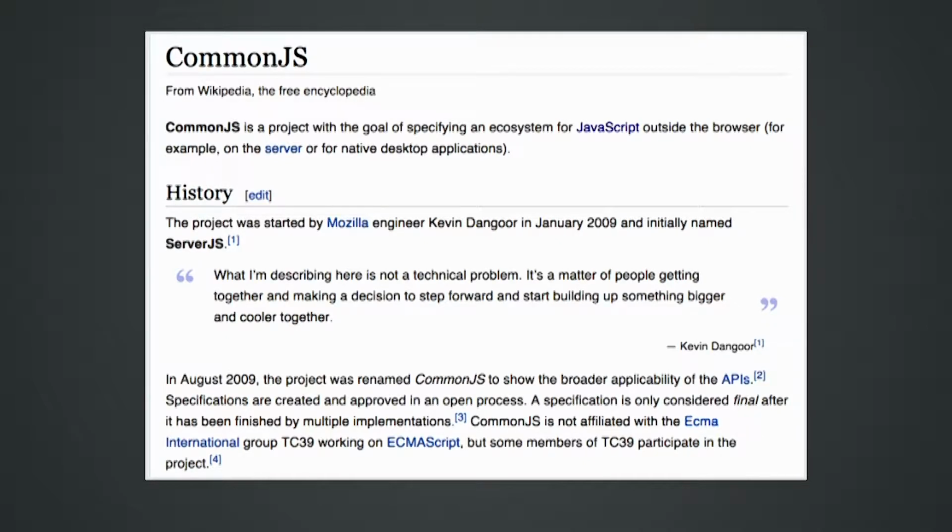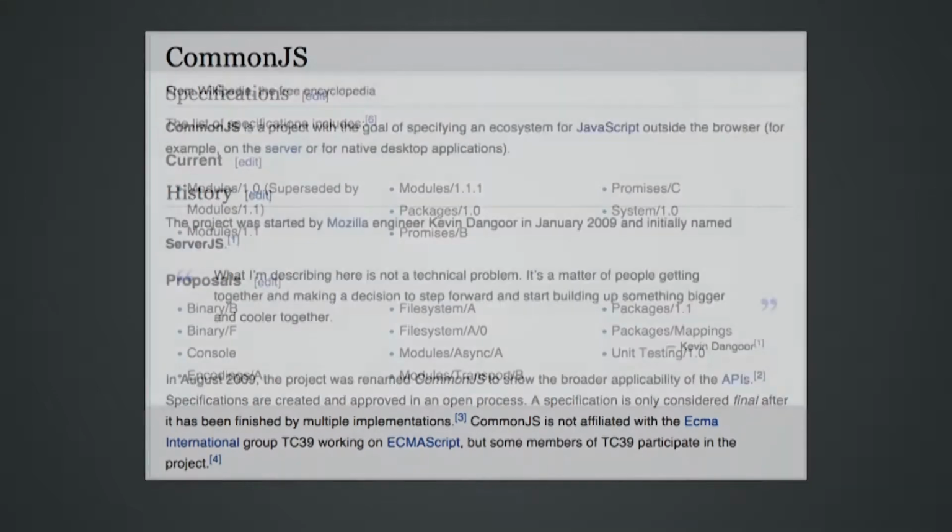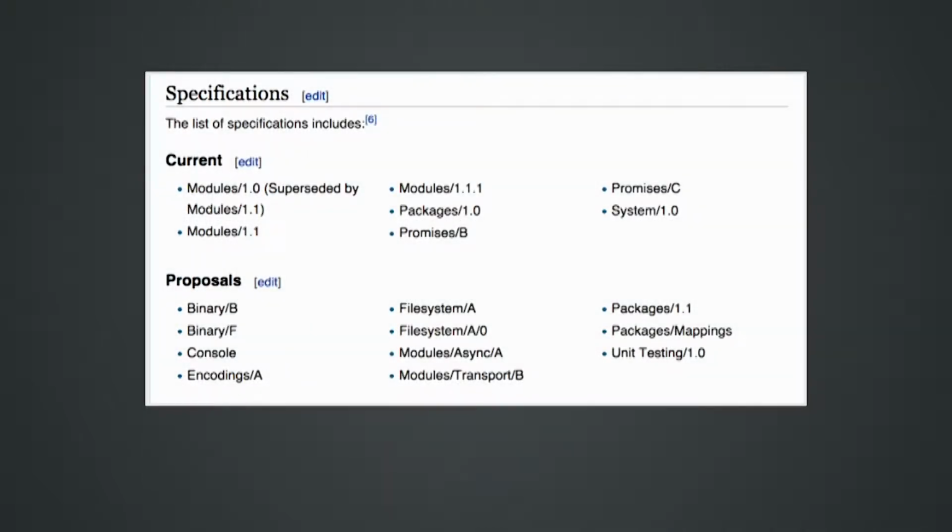But CommonJS, as the name implies, is a way to deal with JavaScript modules in a common way outside of the browser. So there are a number of different specifications that fall under the CommonJS umbrella. We're going to focus specifically on the module specification and the packages, but you'll see the idea of promises, the way of dealing with asynchronous requests in almost a synchronous way, falls under this umbrella as well.